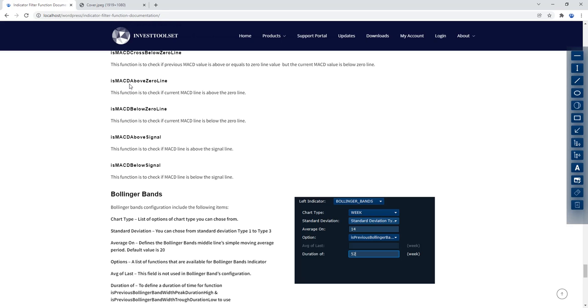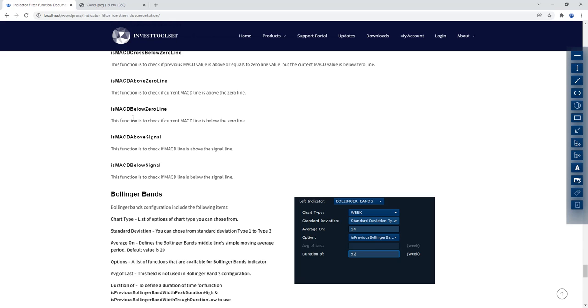The next function supported by the MACD is MACD above zero line. This function answers the question: it will give you all the stocks whose MACD value is above zero.